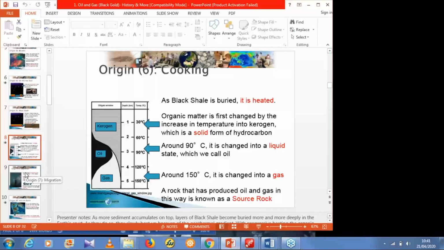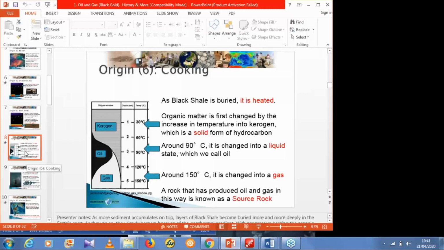So, we've talked about how oil and gas is formed, the organic matter that is responsible for the formation of oil and gas. We said that it is as a result of the decomposition of organic matter known as plankton.